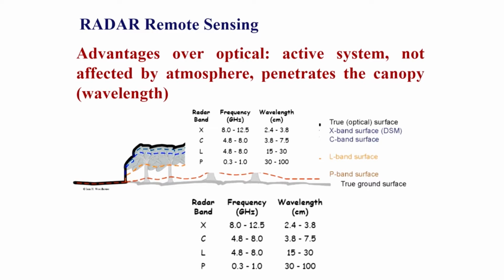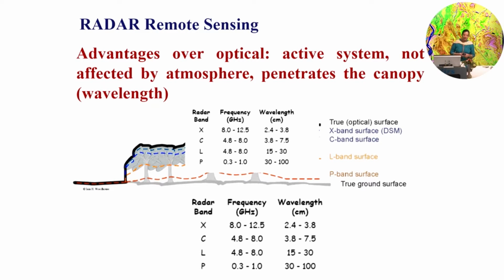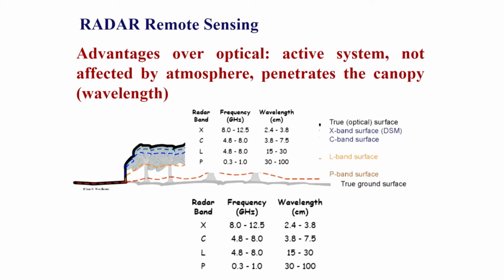So it is all weather, all time. Since it provides its own source of energy, it can operate during night time. So all day, all weather. And another advantage is that it penetrates the canopy.